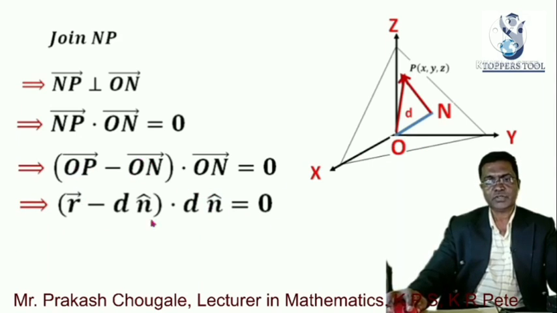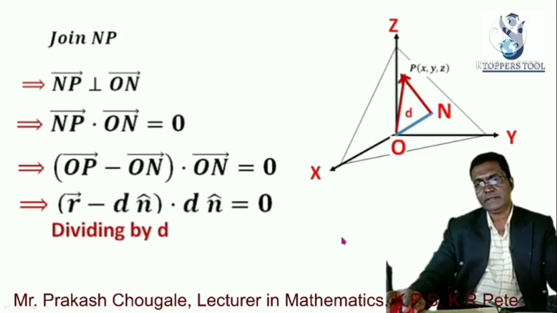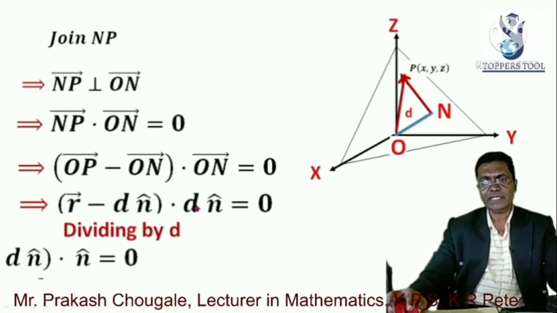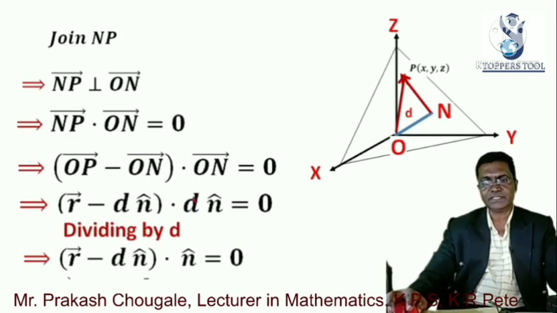Okay. So now divide, d is constant, so divide throughout by d. No problem in the dot product. So dividing throughout by d, this d cancels, this d cancels, so you are left with this. Now distribute this dot n cap.